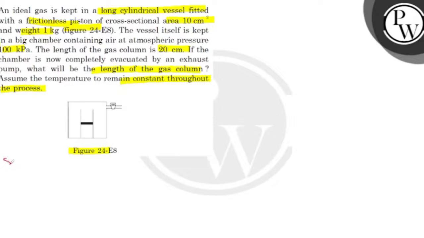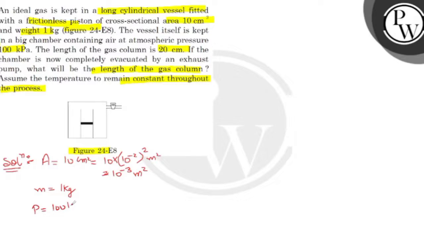Here is given: area is 10 cm², or you can say 10 into 10 power minus 2 meter square, which is 10 power minus 3 m², and mass is 1 kilogram, and pressure is 100 kilopascals, or you can say 10 power 5 pascals, and the length of this column is 20 centimeters.